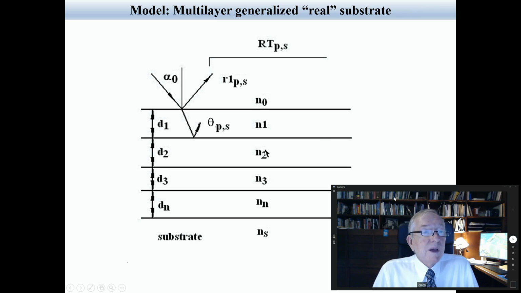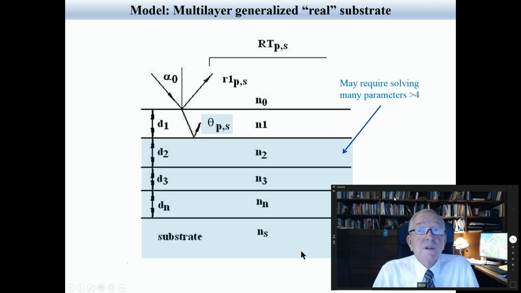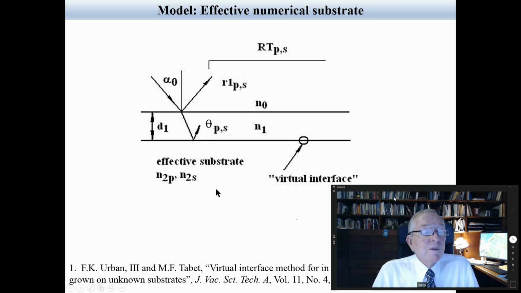Now you can get past that by doing some tricks. One of them is to treat the substrate plus the growing film as a virtual substrate, and then solve a big problem with a bunch of measurements, and you can avoid having to know what's happening early on in the deposition, and that's been done and published. And we end up with an effective substrate.